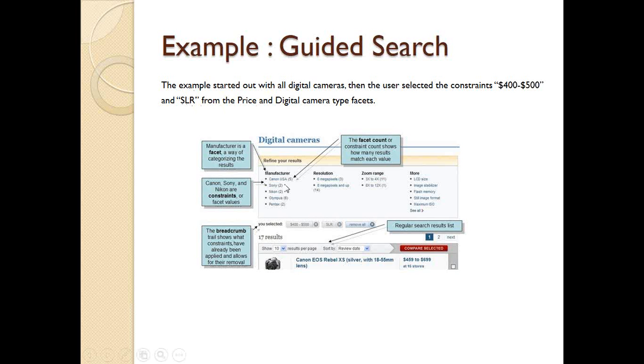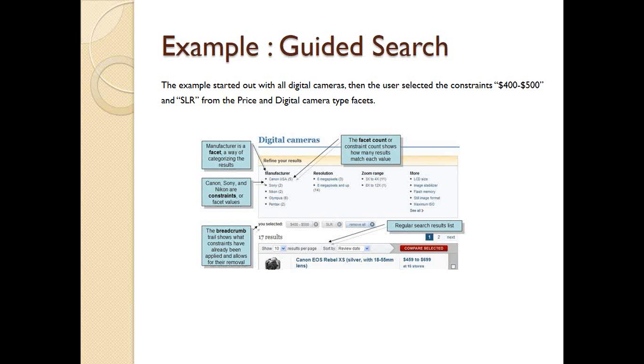First, he will look at the manufacturer. Then he will get all the cameras based on that manufacturer, maybe Sony, Canon, or Olympus. After that, he will add a few more constraints. If he has a budget constraint, or he's looking at a range of $400 to $500, he will just add a constraint, and the result set will be filtered more.